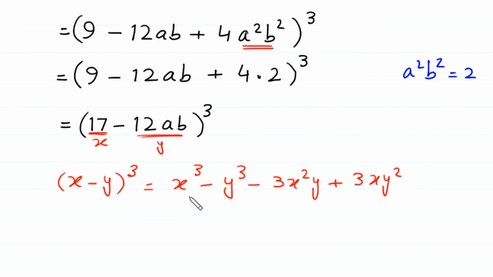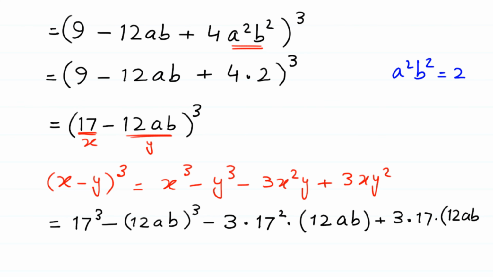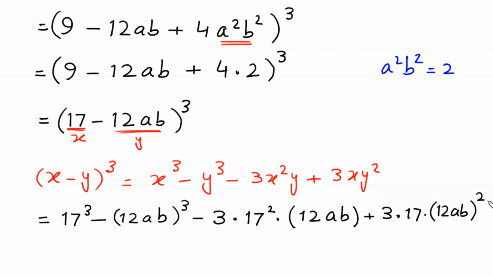So according to this identity, (17 minus 12ab) whole cube is equal to 17 cube minus (12ab) cube minus 3 times 17 square times 12ab plus 3 times 17 times (12ab) square.